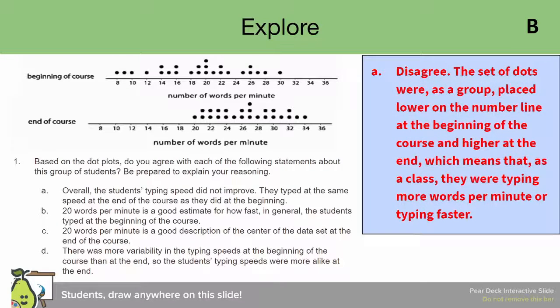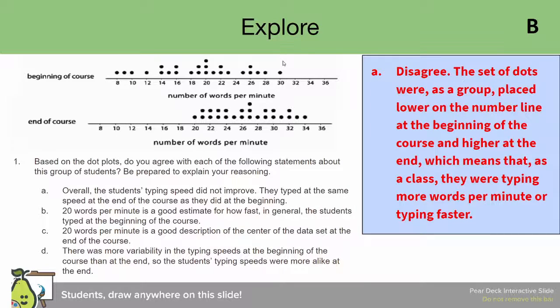If you said that you disagree with that statement because the set of dots were, as a group, placed lower on the number line at the beginning of the course and higher at the end, which means that as a class, they were typing more words per minute or typing faster, you are correct. We can see that in the beginning, the students were typing at all different kinds of speeds.